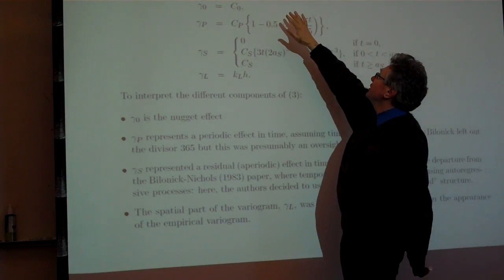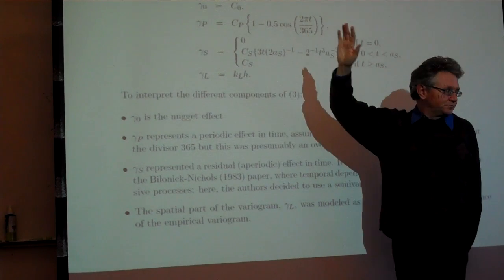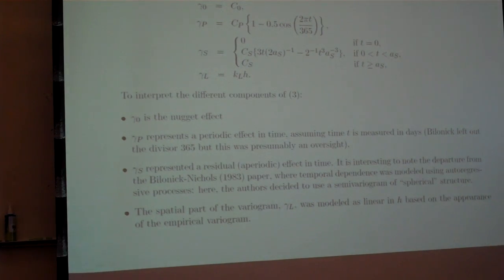The variogram gamma has a component gamma naught, which is the nugget. There's a gamma p, which is for this model. The data this model is fit to spans multiple years, so there's a seasonal component to the temporal autocorrelation. So gamma p is the periodic variogram, which has a period of 1 year.